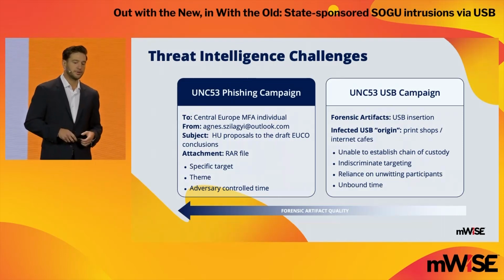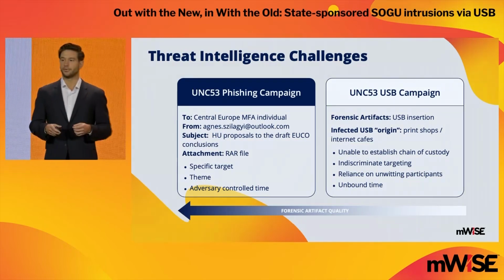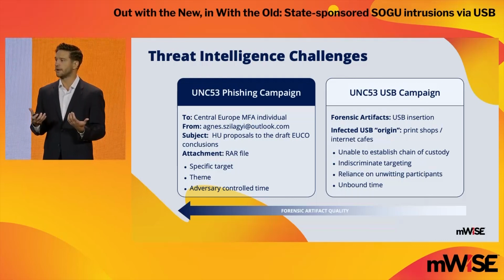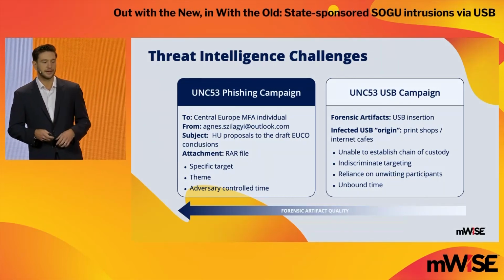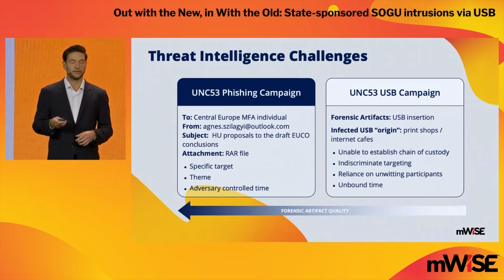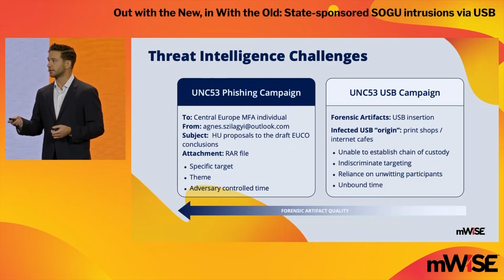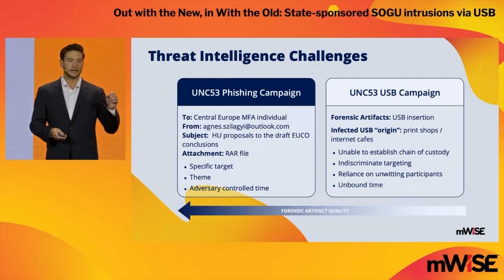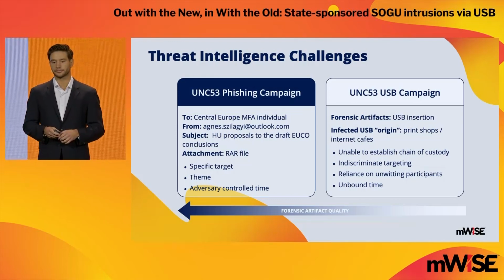So with this, we're unable to establish a chain of custody of that USB from the original infection point being brought into the victim environment. Furthermore, we're unable to establish a chain of custody if that infected USB is moving throughout a corporate environment. We're not going to know until it's inserted, and then a user clicks on it to execute that legitimate file, which begins the infection chain.